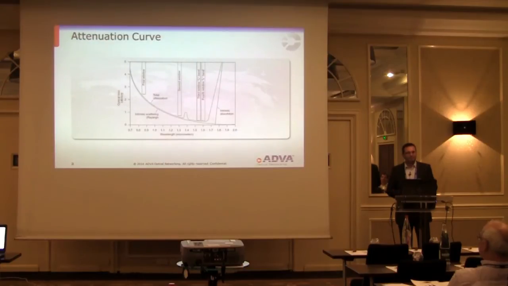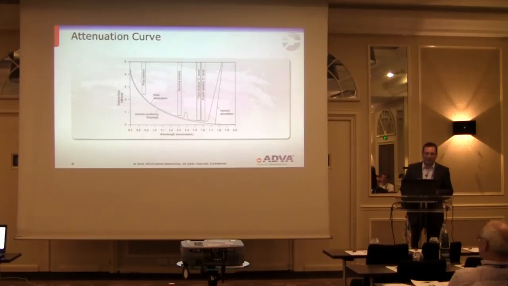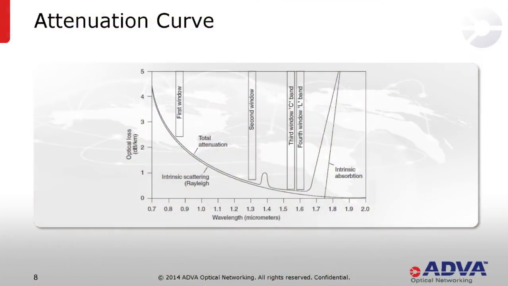This is an important figure here where I would like to explain why we talk about these modulation techniques and why we invest so much on the technology side here. So the first thing is, if you look at this curve coming from the left-hand top to the down there, this is the attenuation curve because of Rayleigh scattering, because of absorption. So you see the first window on the left-hand side, it's the 850 nanometer window.